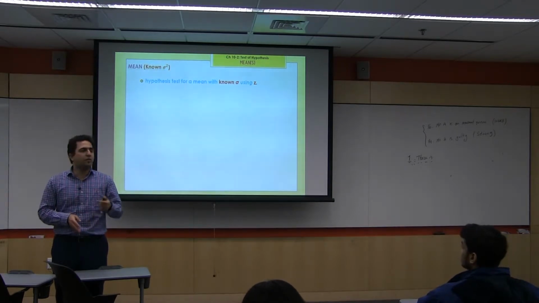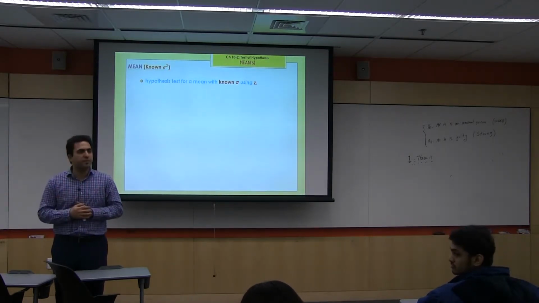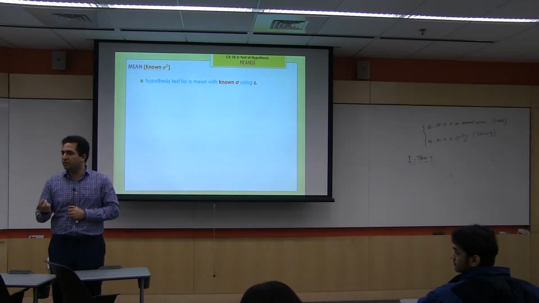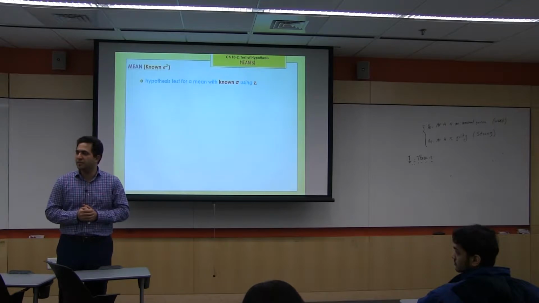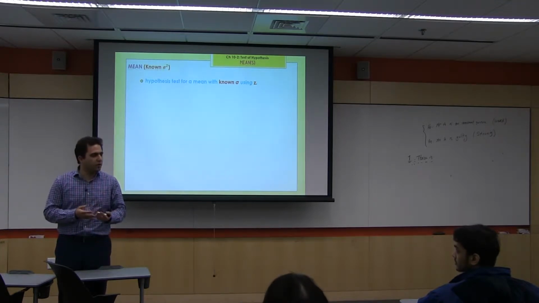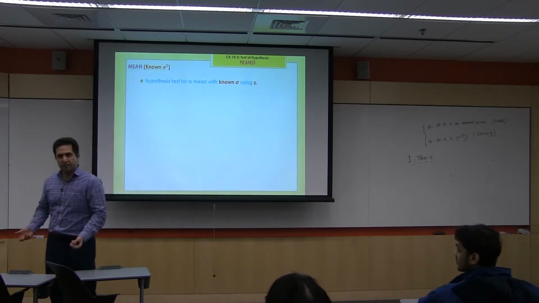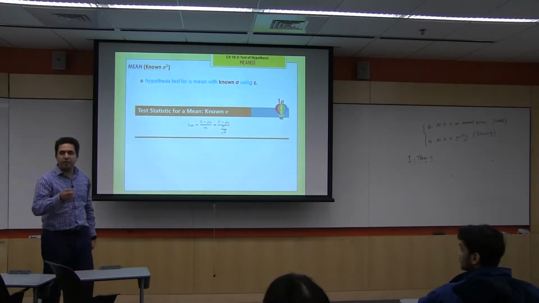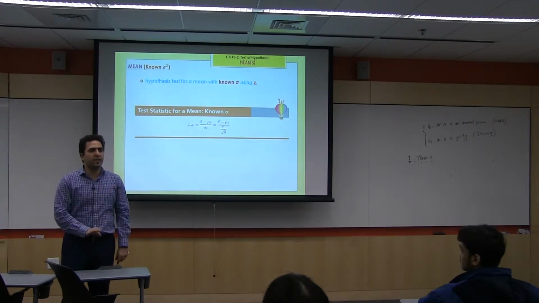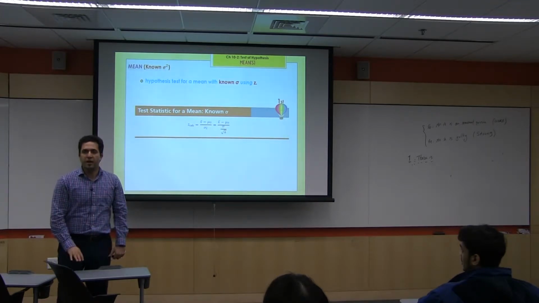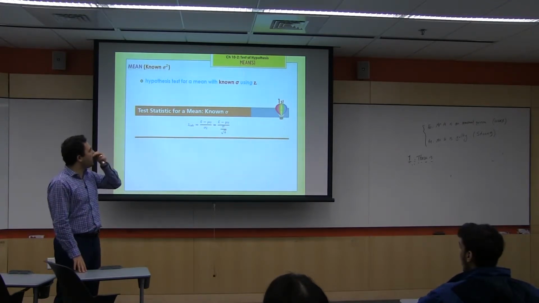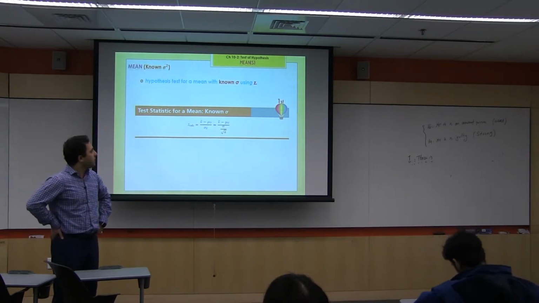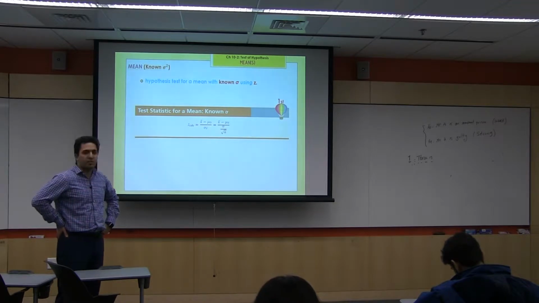You remember when you wanted to find the probability of x bar, what was the z for the x bar? X bar minus its mean, which is mu, divided by its standard deviation, which is sigma over square root of n. That's the same thing. I'm going to get my z cal, defining it based on the same formula: x bar minus the mean of x bar, over the standard deviation of x bar, which is x bar minus mu 0 over sigma over square root of n. What's mu 0?